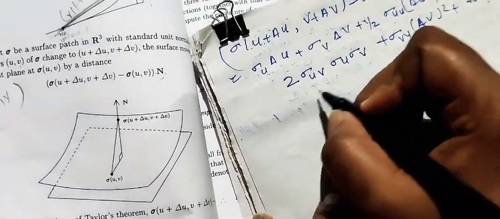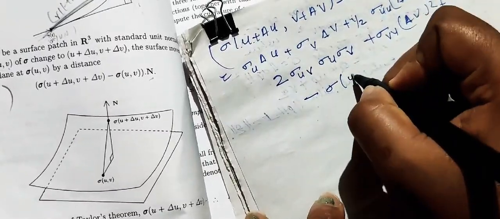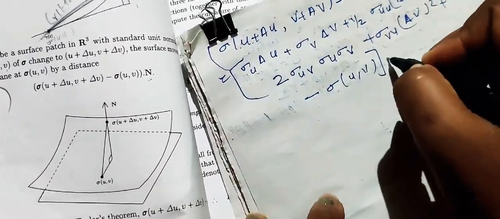Okay, so this minus sigma of (u, v), whole dot N.